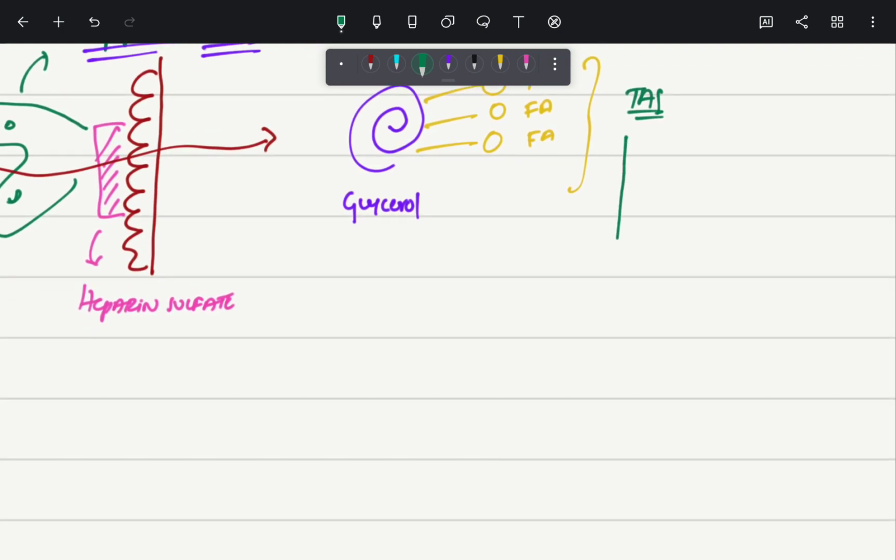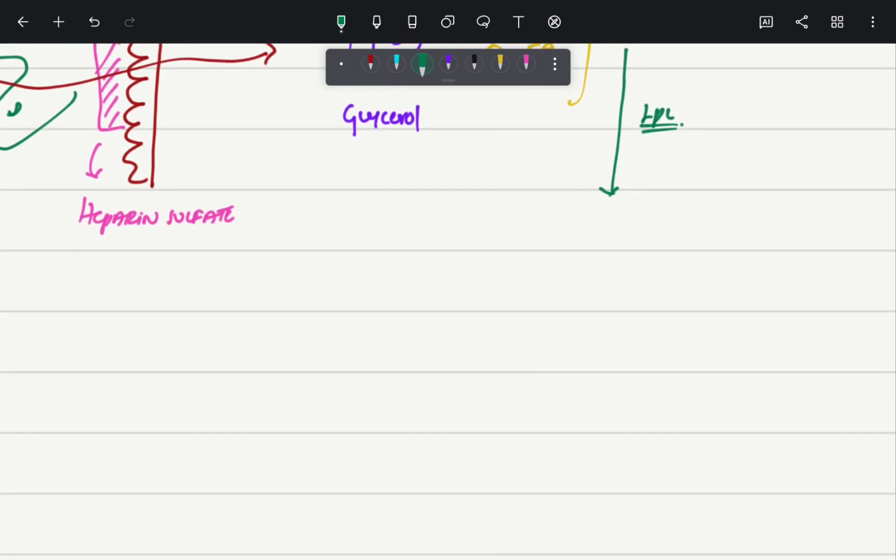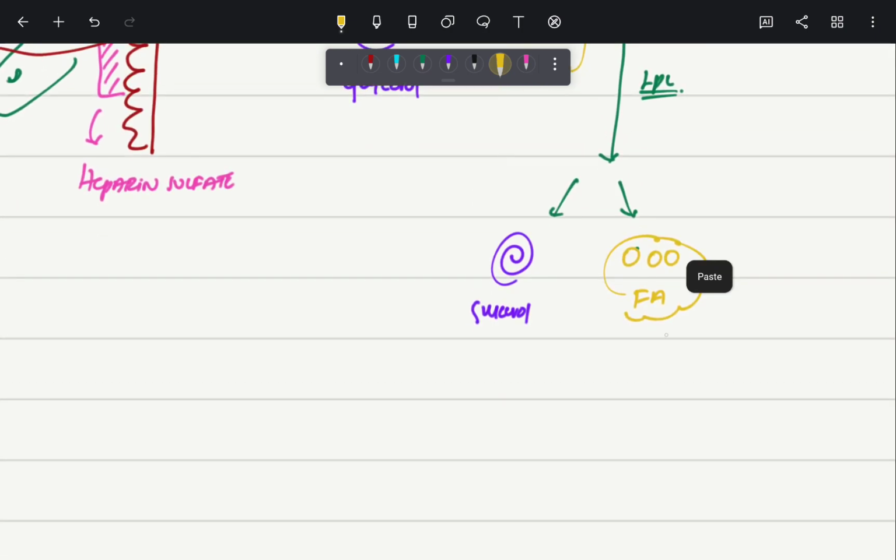Eventually the triacylglycerol, by the enzyme lipoprotein lipase, gets converted into glycerol and fatty acids. And these fatty acids will eventually get stored in the adipose tissue.